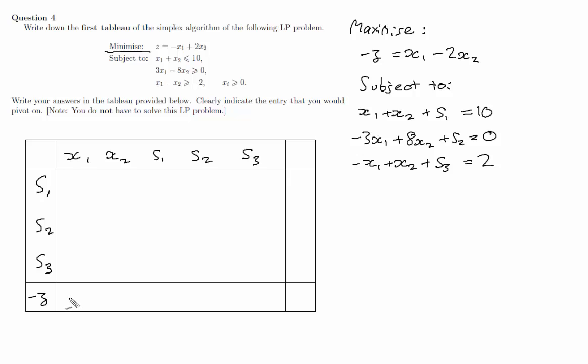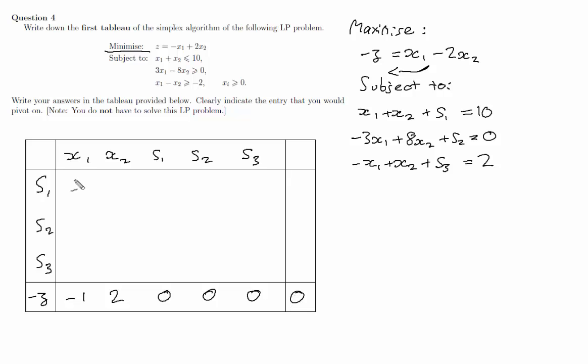So minus z. Now when we do this, imagine that we've taken these things over to this side, so that we'll get something equal to 0. So minus 1x1 plus 2x2, we don't have any slack variables, and we have 0 over here.